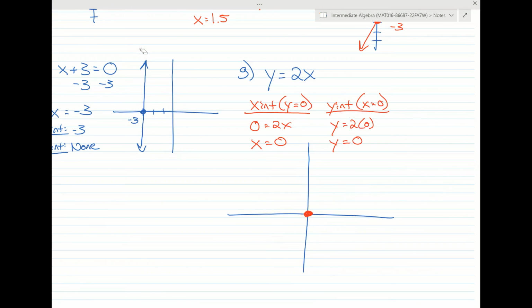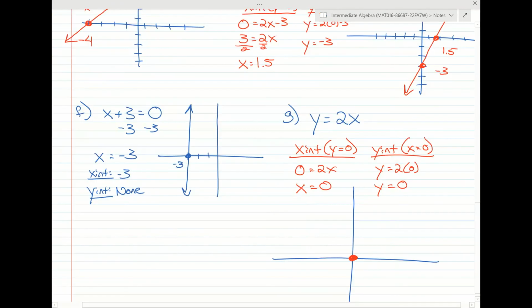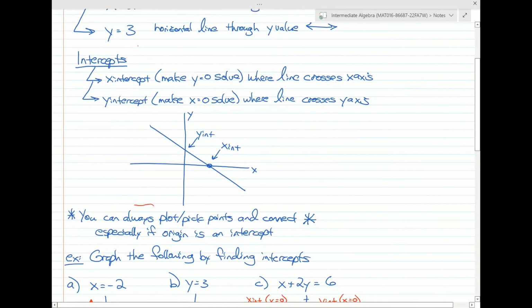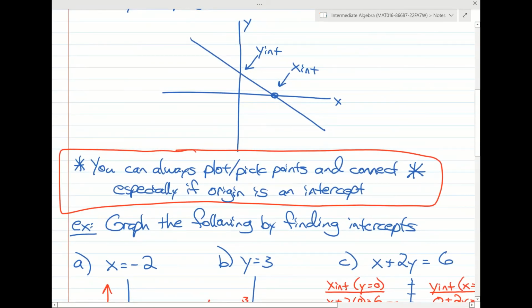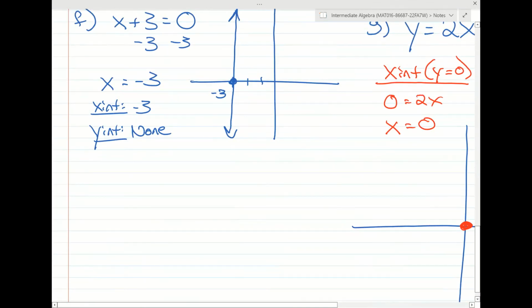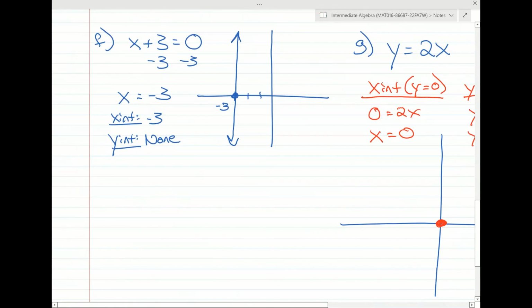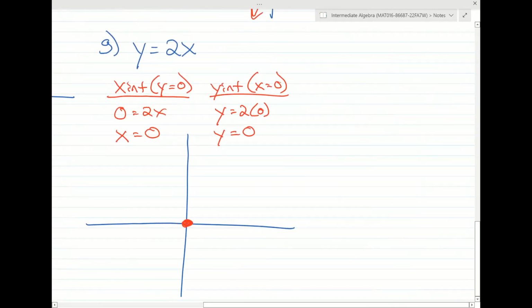So I'm going to go back in the notes a little bit. Even though we're finding the intercepts, if you want to graph a line, you can always just pick points and solve for y. Does that make sense? Remember in our last class how we made those tables? For this line, because it's a little weird, the x and y intercepts are both 0, so I would make a table.